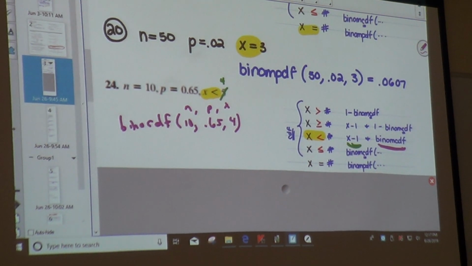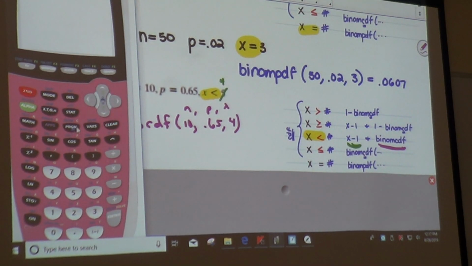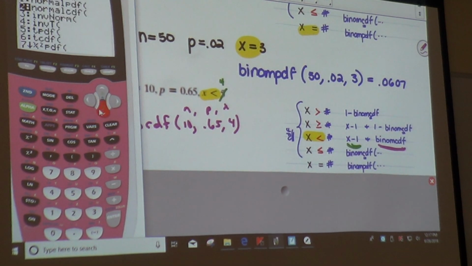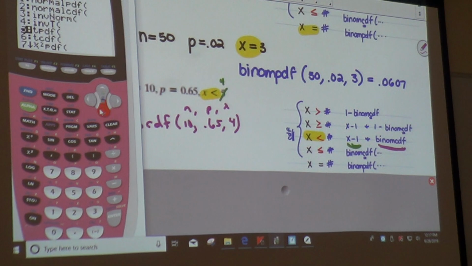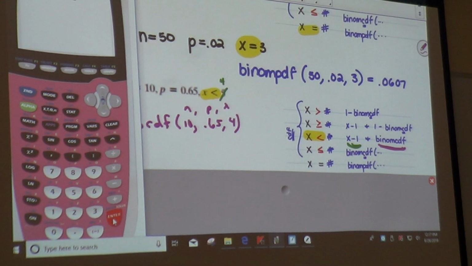So I'm going to do second bars. Going to go to binomial CDF this time.